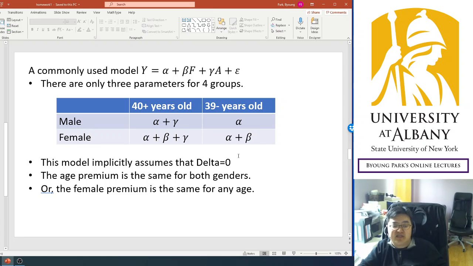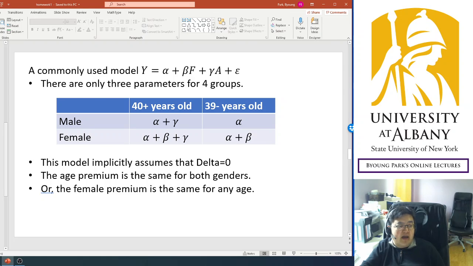If delta is not 0, your model could be wrong. So it is important to understand that when you write down a regression equation, you are making some kind of assumptions. Okay, this was a background explanation.